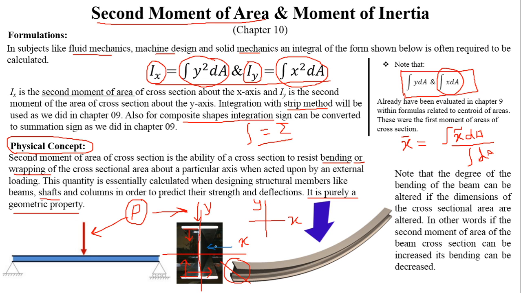So the bending or warping of the cross section will take place about the y axis. You have to keep in mind that the second moment of area is the ability to resist bending, and the bending is going to take place about a certain axis. So you have to define the axis about which you are interested in calculating the second moment of area.